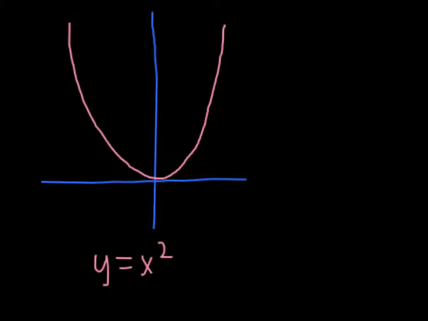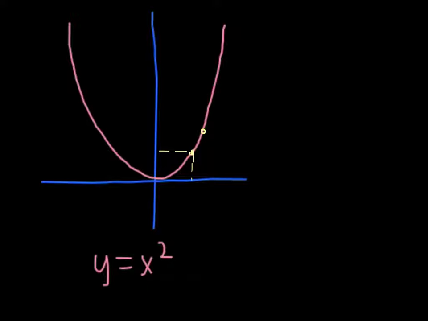So basically when you look at this graph, if I wanted to find the slope of this graph at a specific point, like right here, then I could do this by finding the slope of a secant line, which would be the slope between this point and a point very close to it.